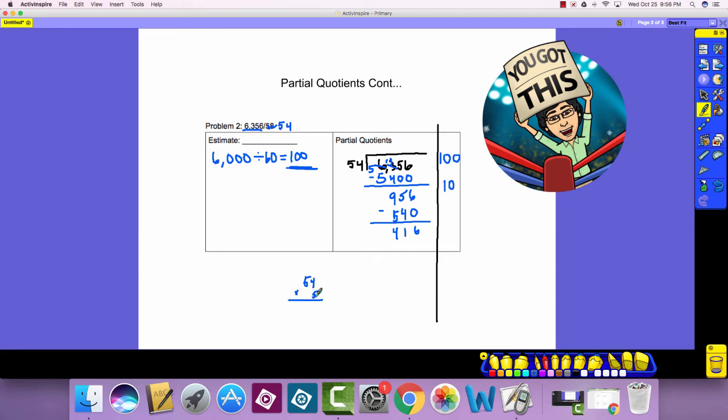Well, I know 5 times 50 is 250. So I know 5 times 4 is 20. So 250 plus 20 is 270. So I know there's at least 5 54s in 416. So 5 times 54 is 270.